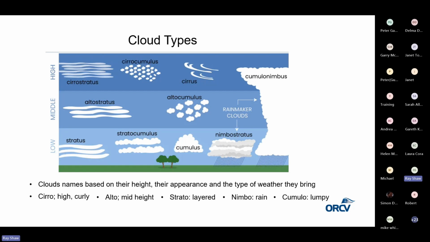As far as clouds are concerned, they're named based on, first of all, their height. Are they low, middle, or high? Their appearance. Are they curly? Are they layered? Are they lumpy? And then finally, what sort of weather conditions do they bring? And of course, we know about nimbus clouds that produce rain.